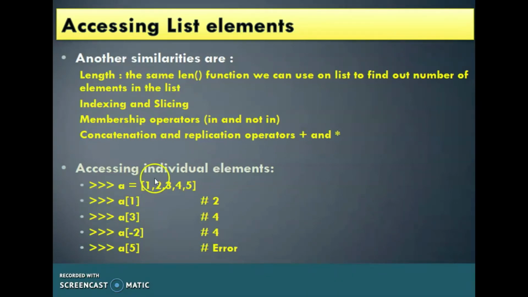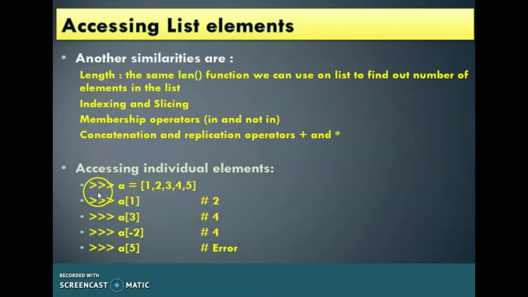Then concatenation and replication operators, plus and star. Plus means concatenation; the plus operator adds one list to the end of another. Then the star operator repeats a list. Okay. We will discuss these concatenation and replication operators in detail in later sections.